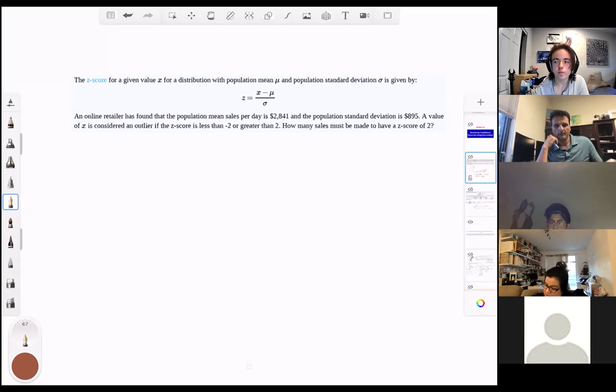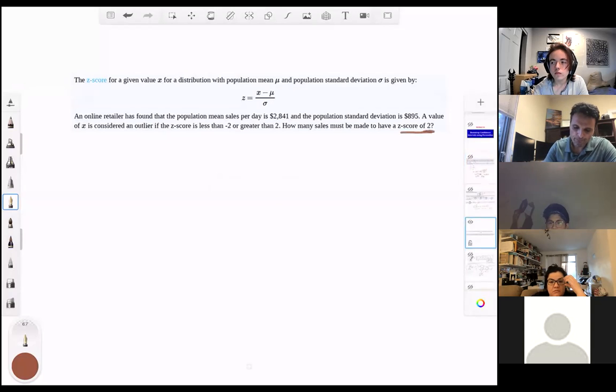So we are looking for how many cells must be made to have a z-score of 2. So we are looking for x. Good. So first we substitute.